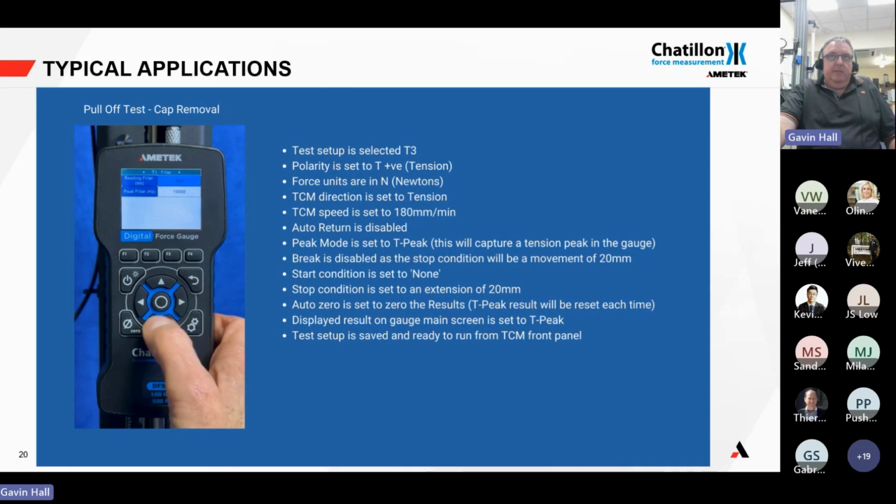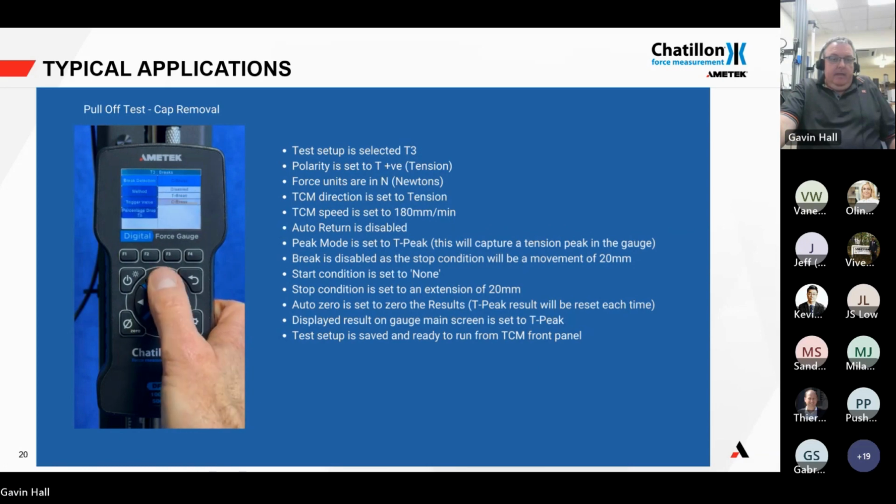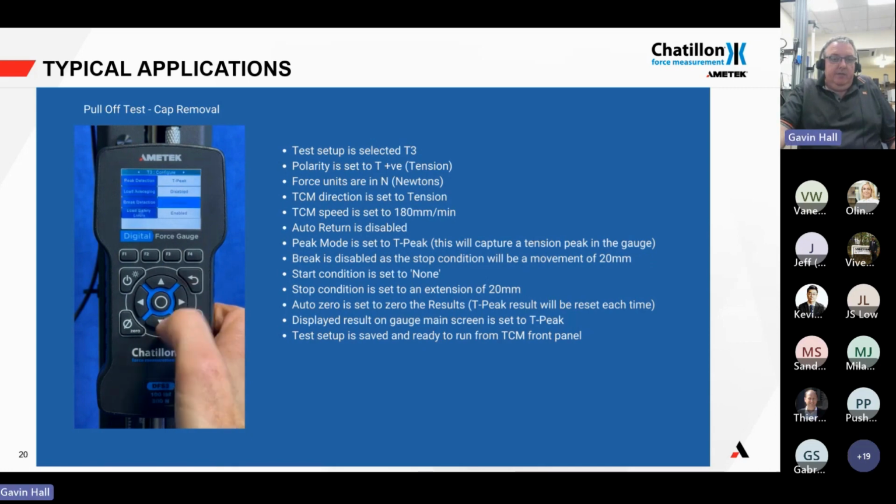We can set the test speed to the defined speed, and that could come from a particular standard, or it could come from a research and development requirement. We're setting auto return, have a start condition of none, and a stop condition of extension of 20 millimeters.